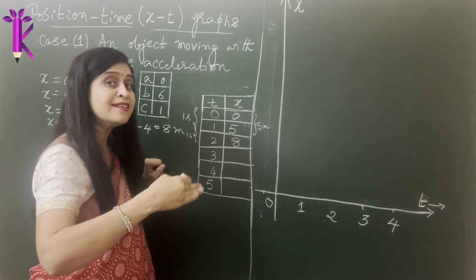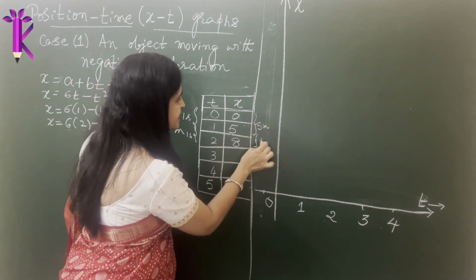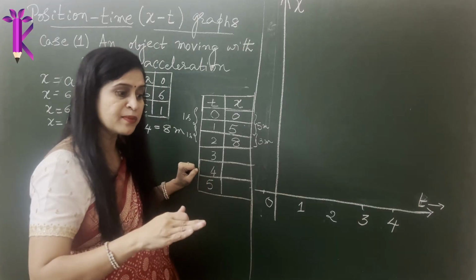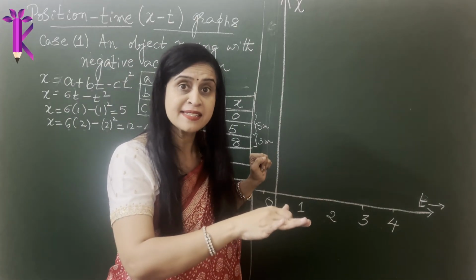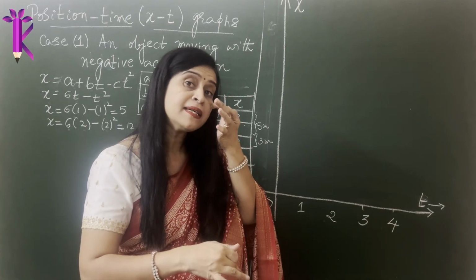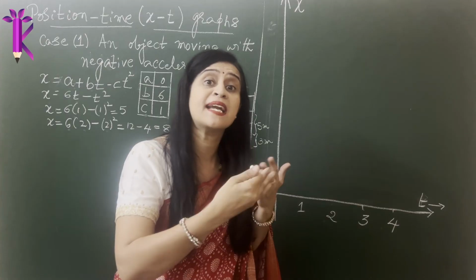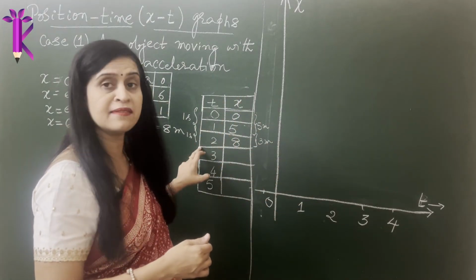It is not increasing, instead it is decreasing. So it is covering less and less distance, which means somebody is applying brakes. Do you understand? The speed is not increasing, the speed is reducing because it is covering less distance in the same interval of time.